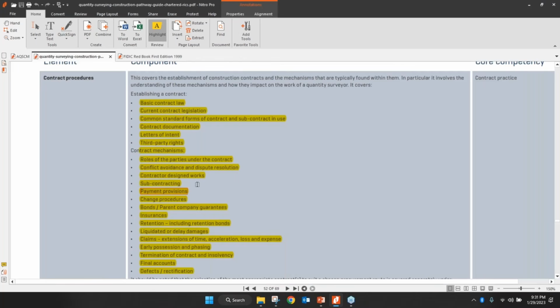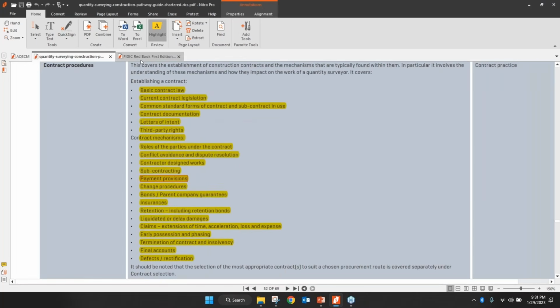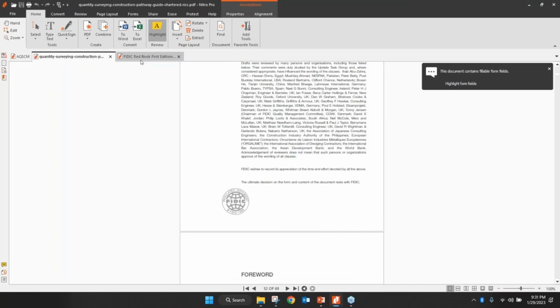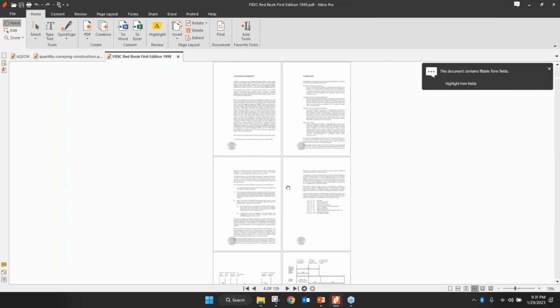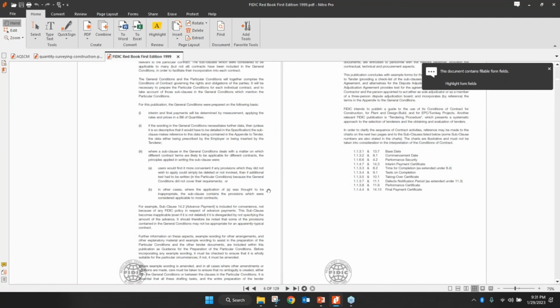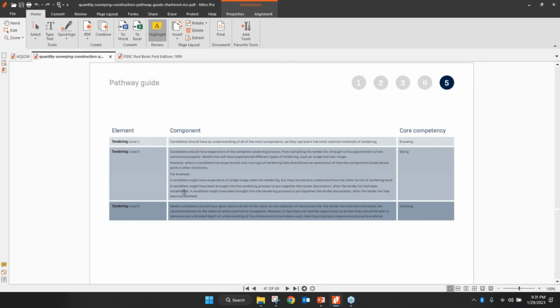This particular contract procedure, let's say the FIDIC, we have the book, this red book or whatever it is, which is covered by this particular contract or tendering, whichever we have here.